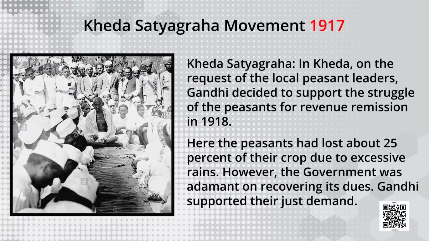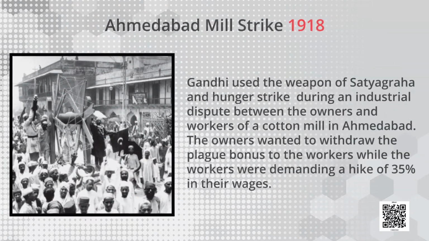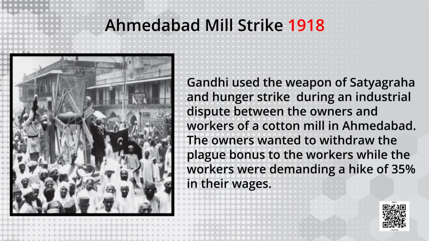In 1917, crops failed in Kheda district of Gujarat, but the government refused to give any relief to the peasants. Gandhiji organized them and his method of satyagraha yielded positive results. In 1918, Mahatma Gandhi intervened in a dispute between workers and mill owners of Ahmedabad.